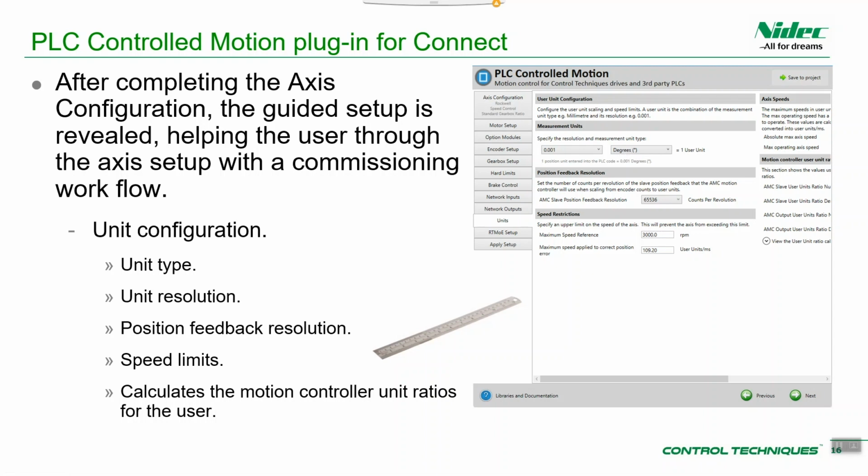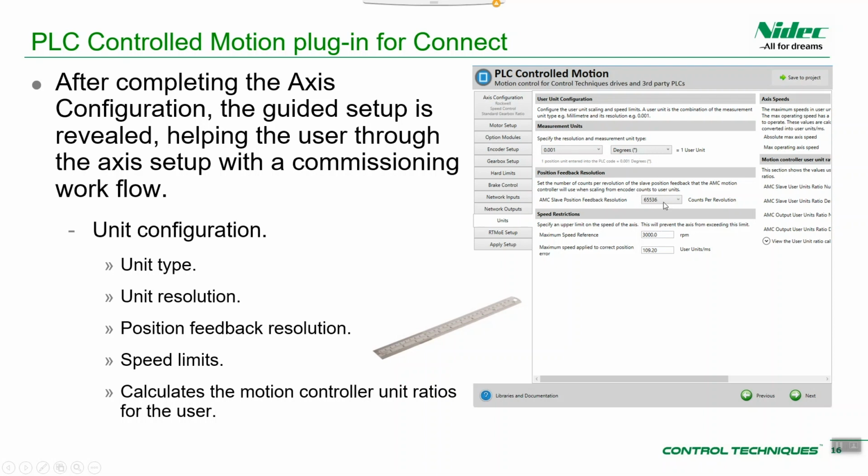Obviously, degrees is quite a coarse unit per revolution compared to most encoders. A lot of encoders are capable of giving something in the order of 16-bit or 65536 counts per rev. So to allow the user to easily configure extra resolution to make the most benefit of the encoder that they've got fitted, you can say how many decimal places of resolution you'd like for one of those units.